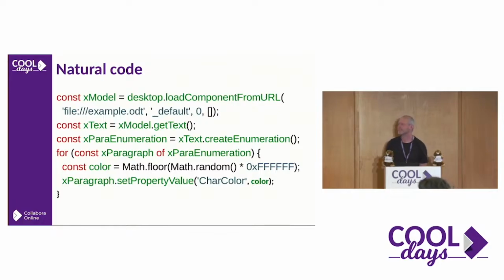Yes, on this slide, when you called create enumeration, couldn't the next line in theory know that it wants an enumeration because it's inside such a construct, so that you could have a for loop over the XText directly?